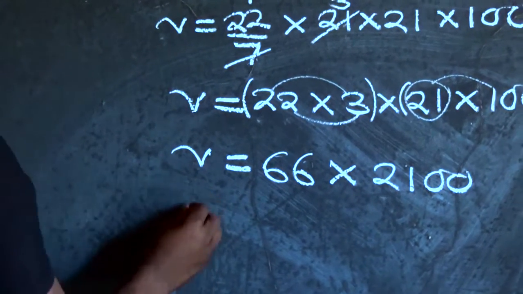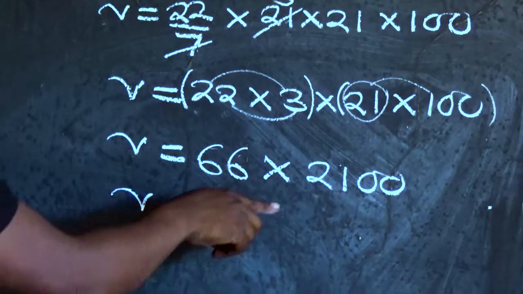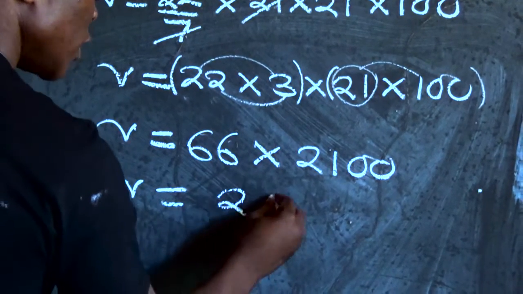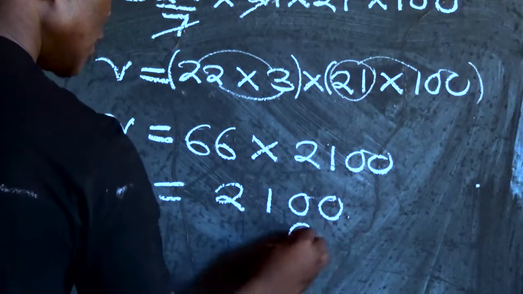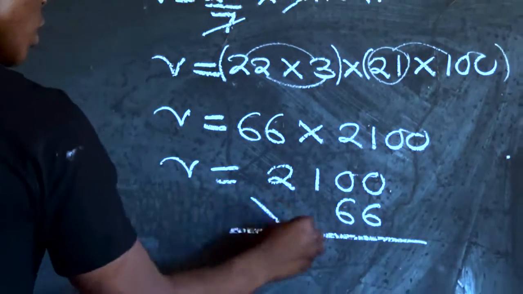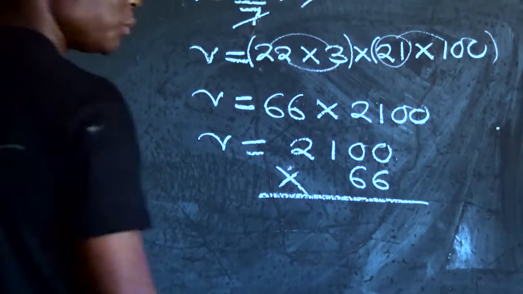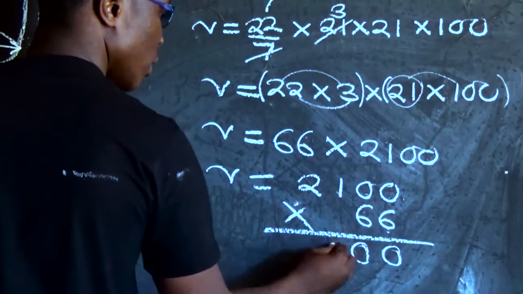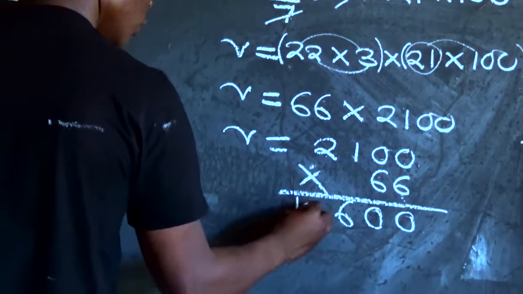Then you can now multiply and say volume is equal to 2,100 times 66. Okay? So we can move on. 6 times 0, 6 times 0. 6 times 1, 6. 6 times 2, 12.